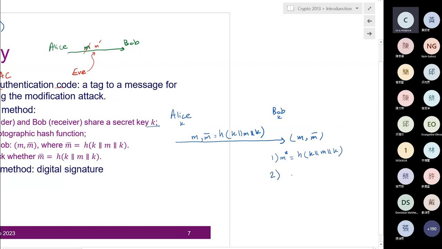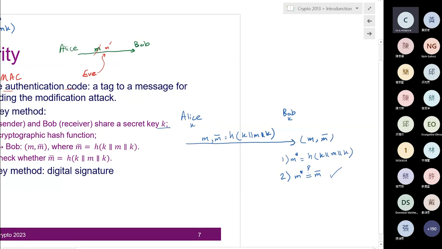And two, he checks whether M star is equal to M bar. If this condition is satisfied, then it means that nobody has changed the message on the line, and the message that he received from Alice is actually the correct message.